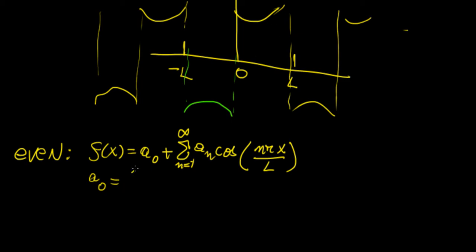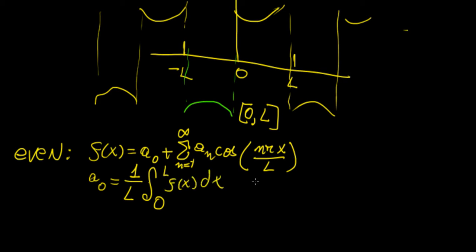So we're going to have the following. This is going to be half of the original period. Normally you would divide this by 2L, but now the range is from 0 to L, so you just divide this by L, and then this is going to be the integral from 0 to L, the interval in which the function is defined, of f of x dx. And then an is going to be 2 over L, because remember that with a full range from minus L to L, we had 1 over L. So now you have half that range.